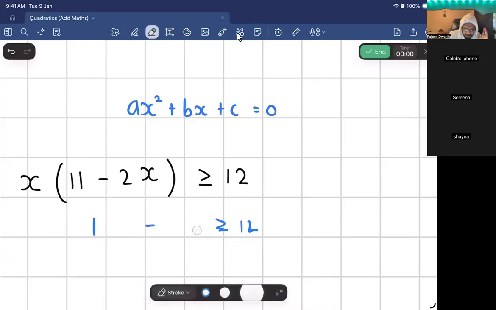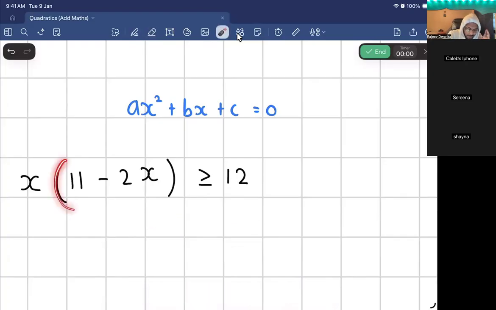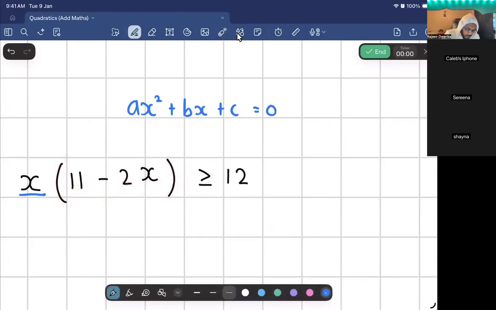Let me explain something, Caleb. You see brackets, so everything inside is one big term. You need to take this x on the outside and distribute it across all the terms on the inside. Anytime you see something outside brackets, just think of expanding.